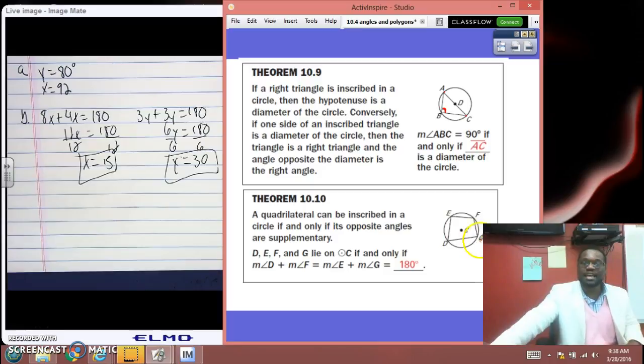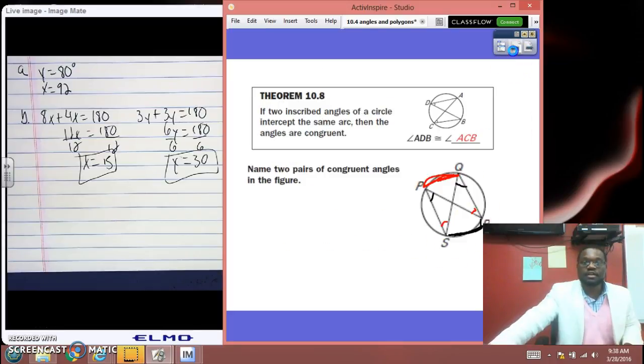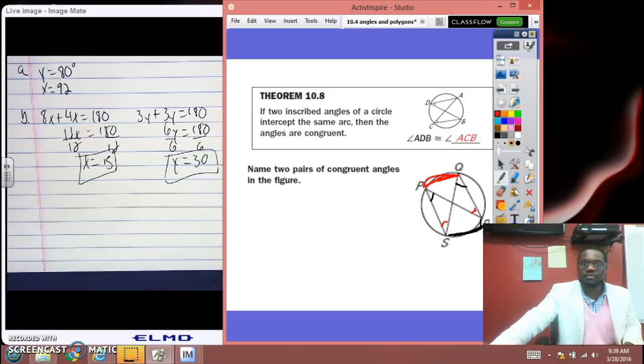Wrong. Opposite angles are supplementary. I'm sorry, I'm still sick. That's my excuse. Opposite angles are supplementary here. Then we talked about if two angles intercept the same arc, then they are going to be congruent, and that makes sense. These two angles here intercept the same arc, so their angles are going to be congruent.